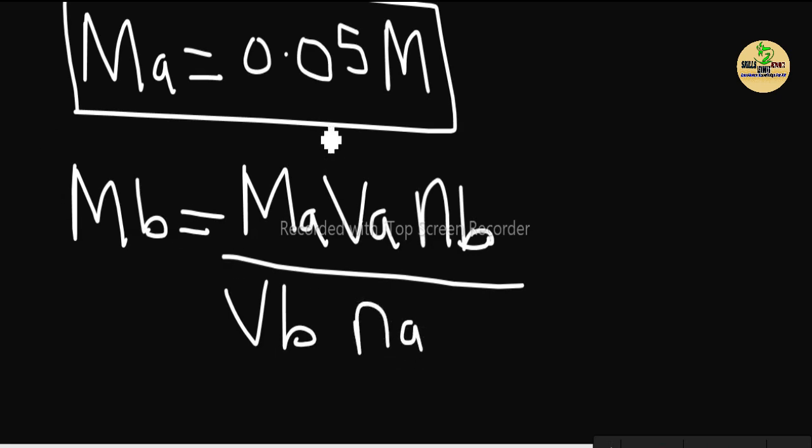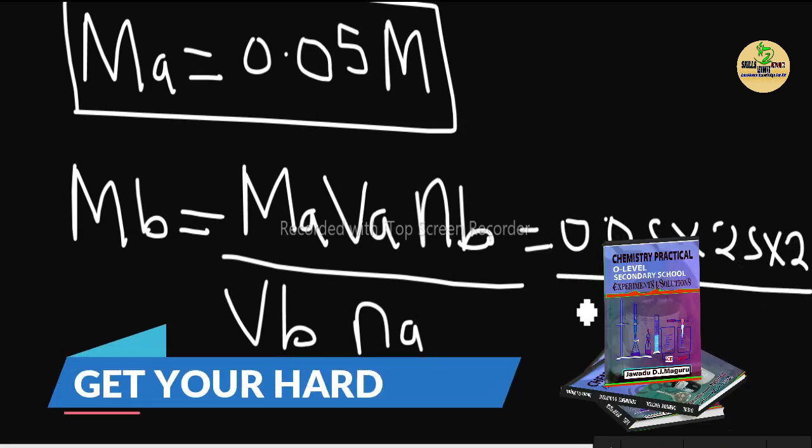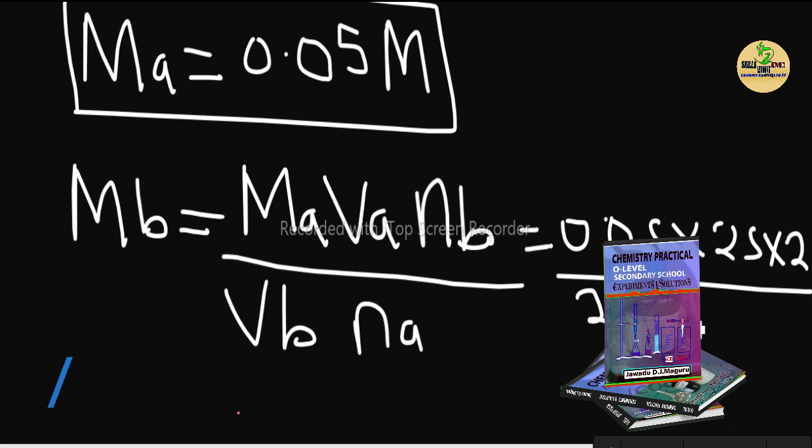So is equal to 0.05 times 25 times 2 over 25 times 1.